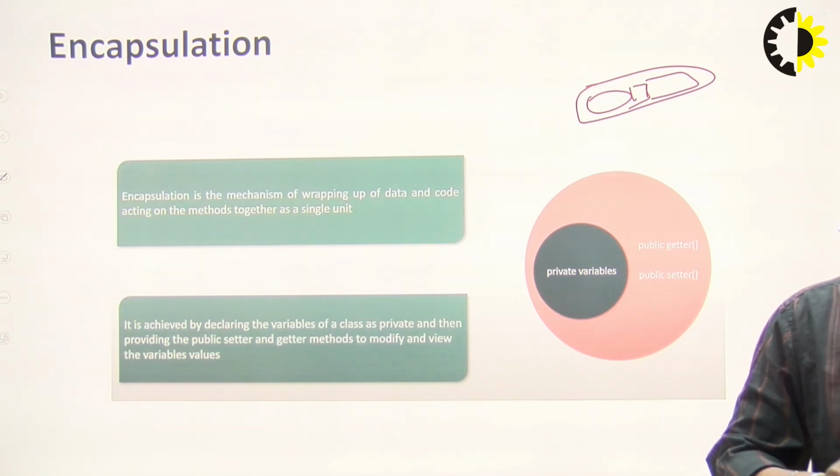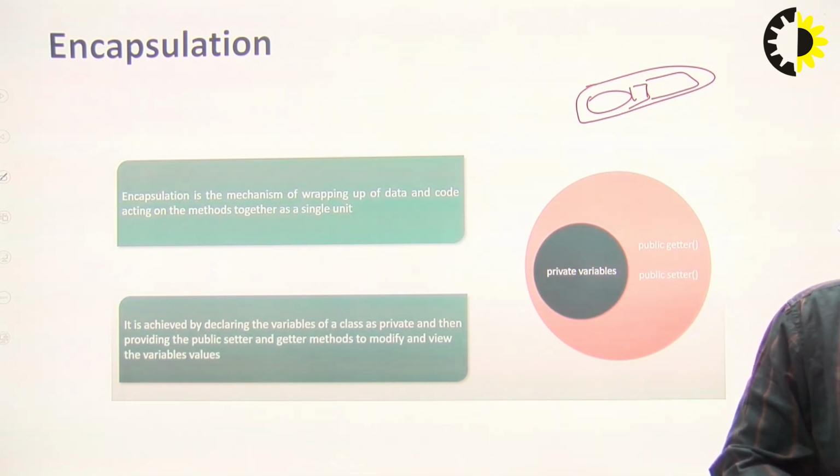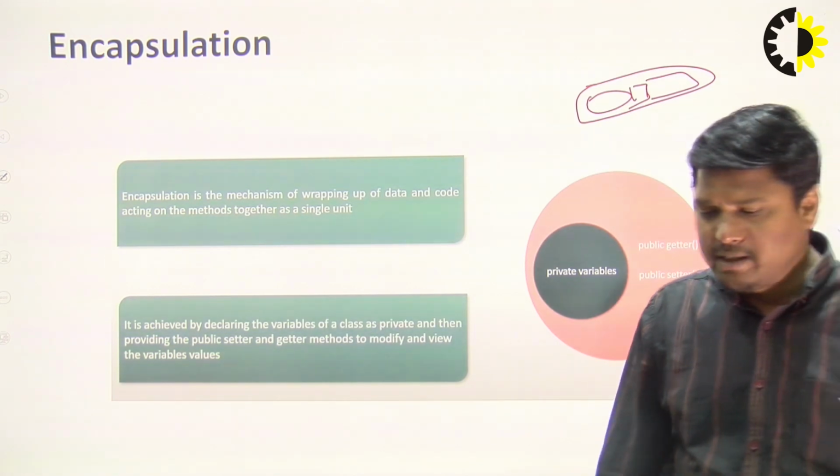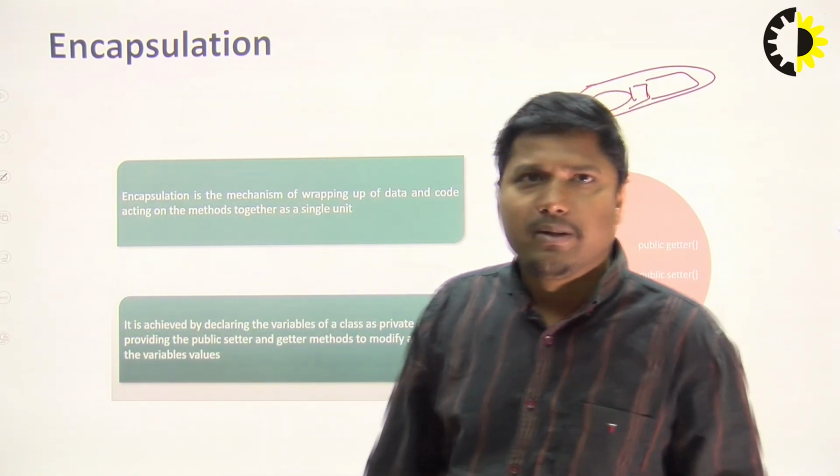It is achieved by declaring the variables of a class as private and then providing public setter and getter methods to modify and view the variables.